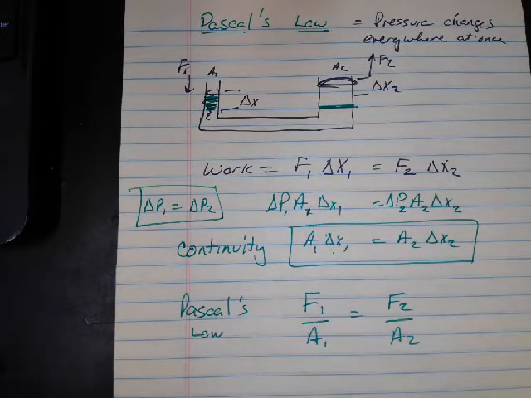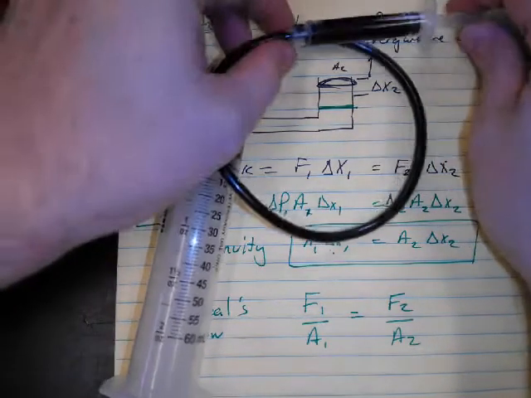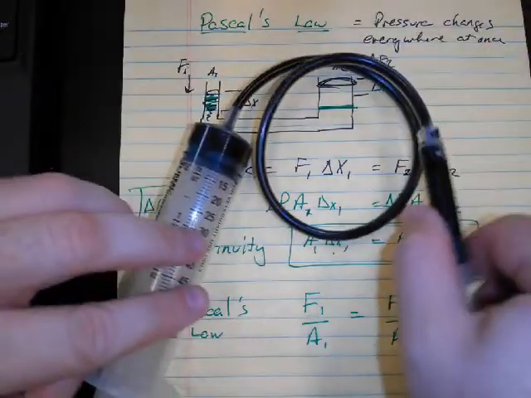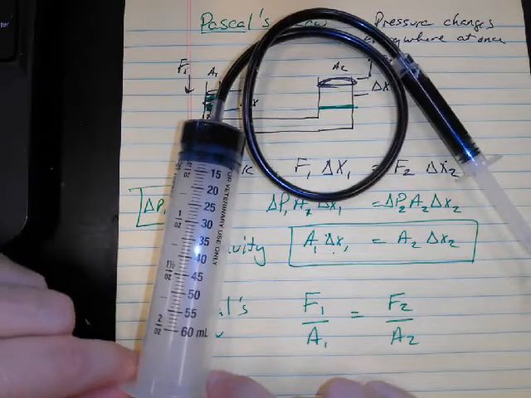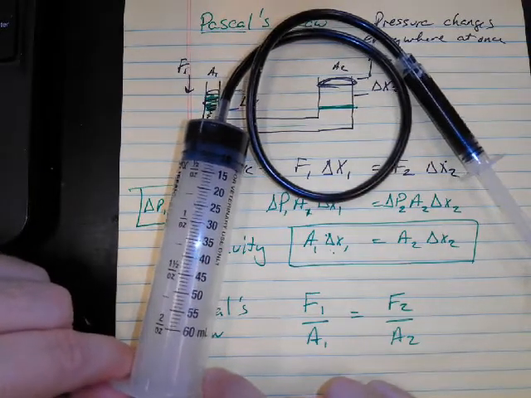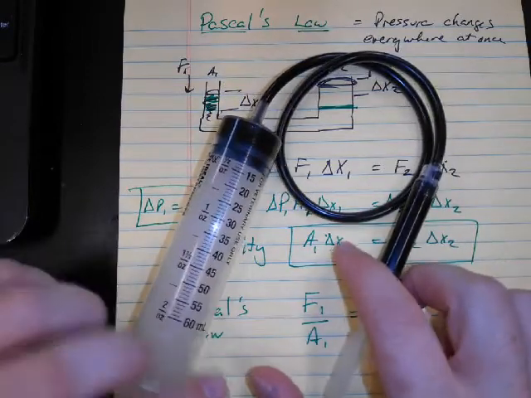All right, so let me pause the video again and see if I can show this to you. Let me explain what I've got here. I went to the farm supply store. I think I bought these at Tractor Supply, but nowadays I'd go to Rural King. That's not an endorsement of any particular store, it's just what's available where I drive.